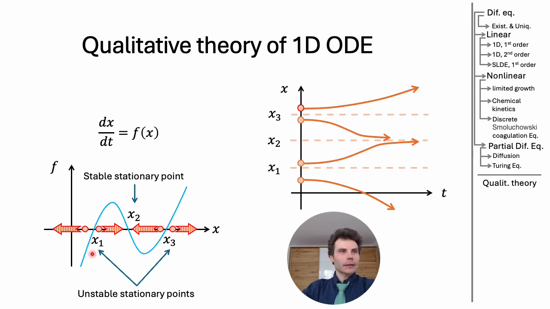And we conclude that x1 and x3 are unstable stationary points. The kinetics deviates from them when a minor increment is given, as here the kinetics deviates from x1 and the kinetics deviates from x3. But x2 is a stable stationary point. The kinetics converges back to it once a small increment is given.